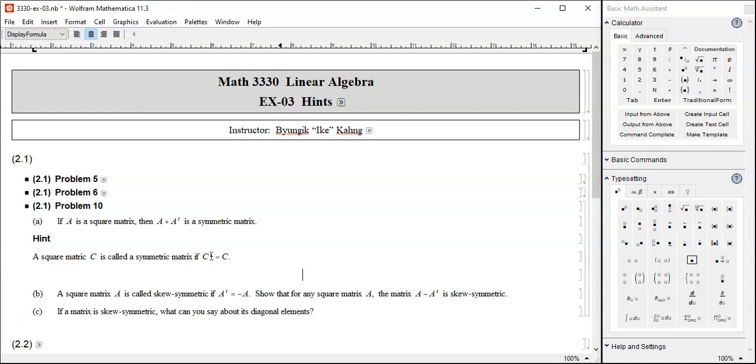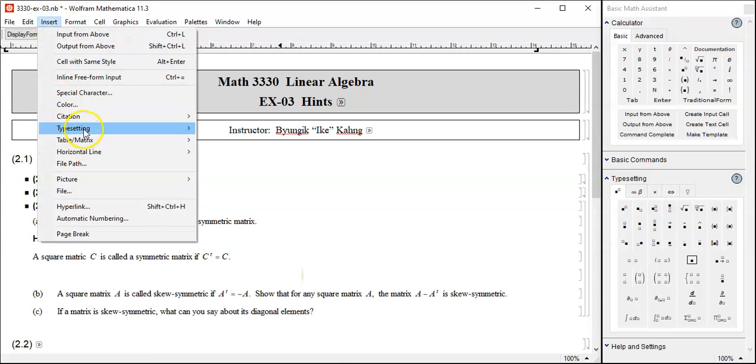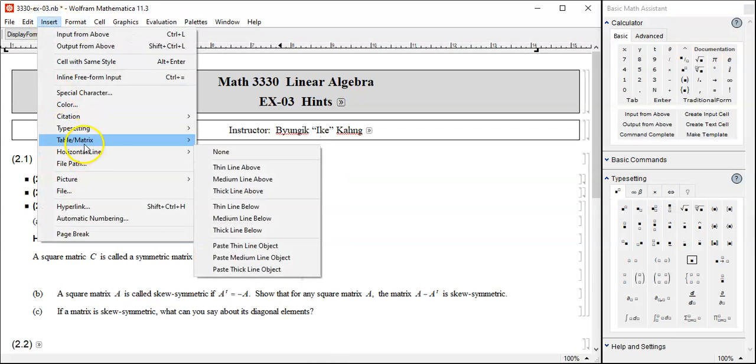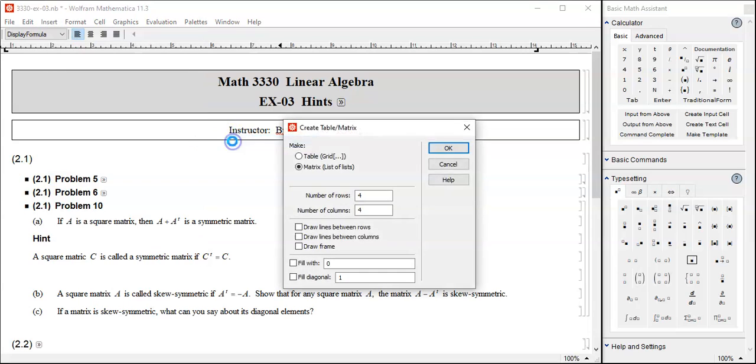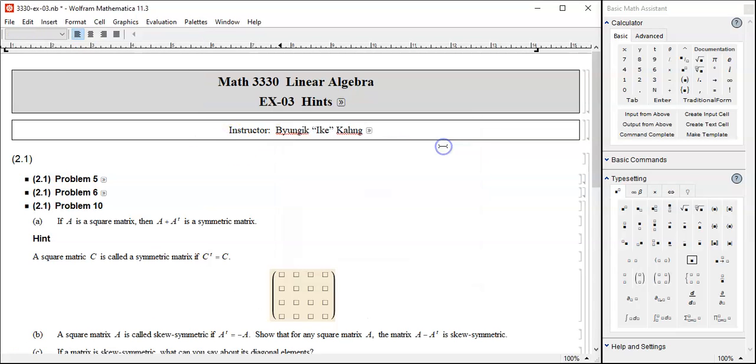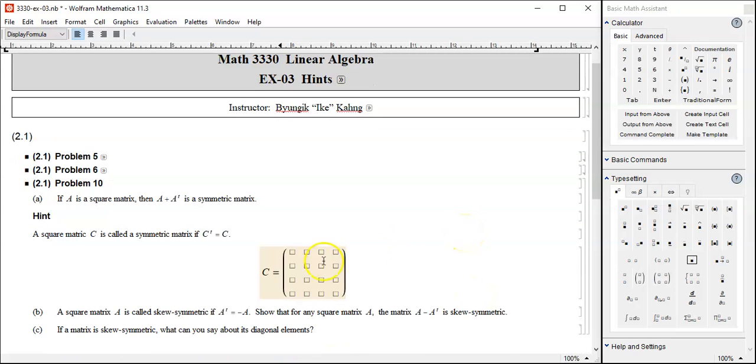Can we think of some example like this? Let's see. About 4 by 4. Is it too big? I don't know. Let's just name this matrix C. Anything can be here, and then here, if I say 2, then this is first row, second column.